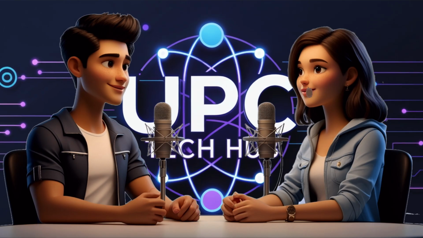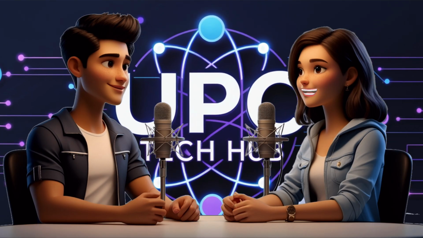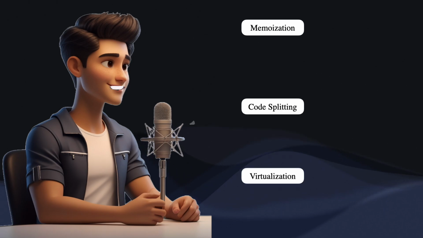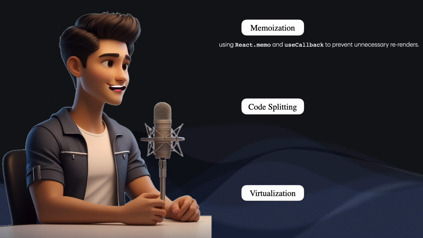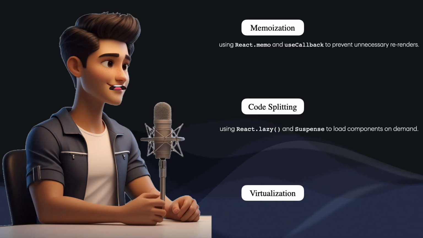Impressive. So how do you handle performance optimization in React apps? Performance is crucial, especially in large apps. I usually apply several techniques. 1. Memoization, using React.memo and useCallback to prevent unnecessary re-renders. 2.